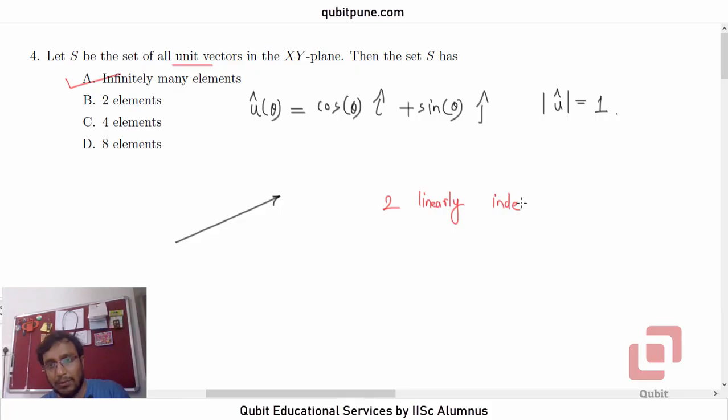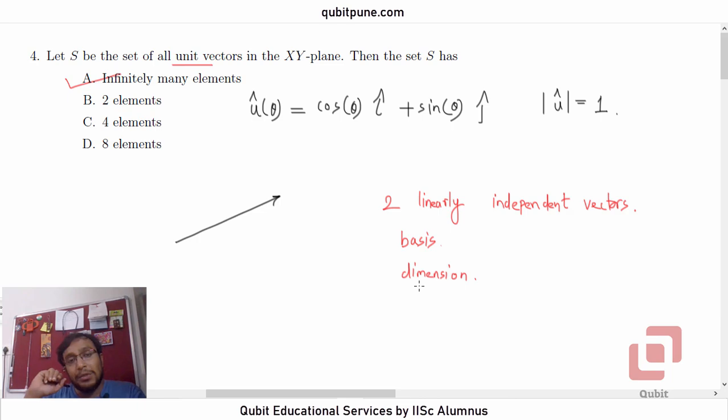Okay, 2 linearly independent vectors. So if you take any 2 linearly independent vectors in the xy plane, that is called the basis of that vector space. Okay, and the number of elements in the basis is called the dimension of that particular space.